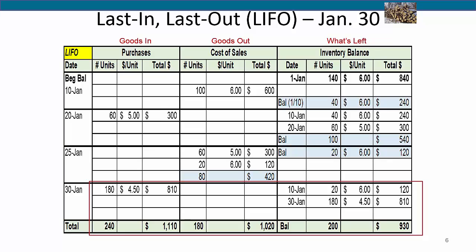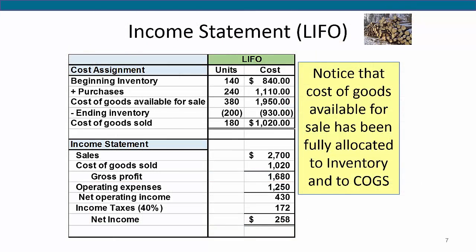Notice that Laker's LIFO cost of goods sold is reported on its income statement, reflecting 180 units sold at an amount of $1,020, and its ending inventory reported on the balance sheet is $930. Let's take a look at the income statement on the next slide.